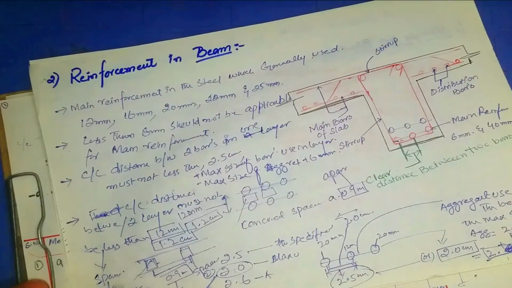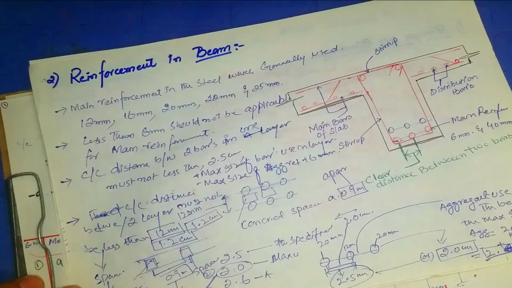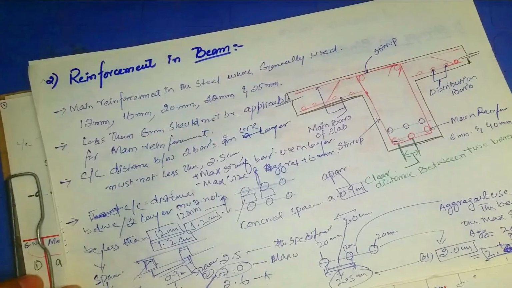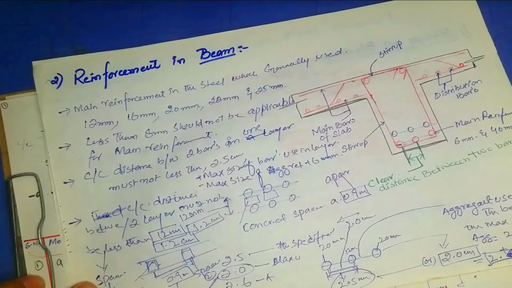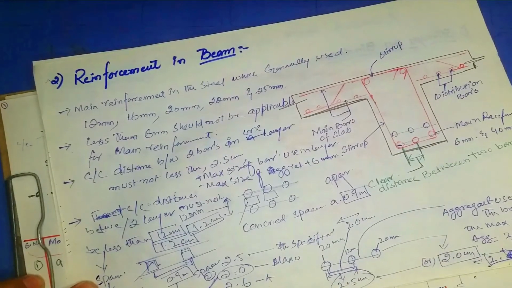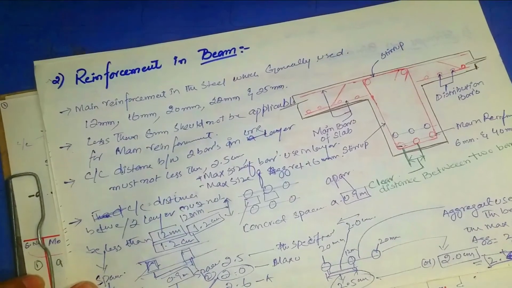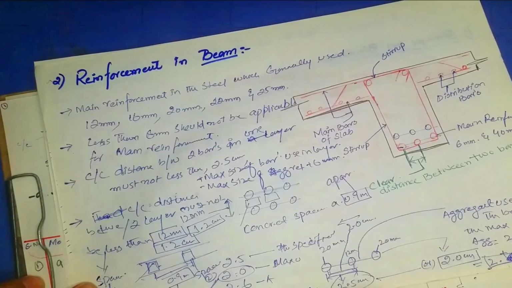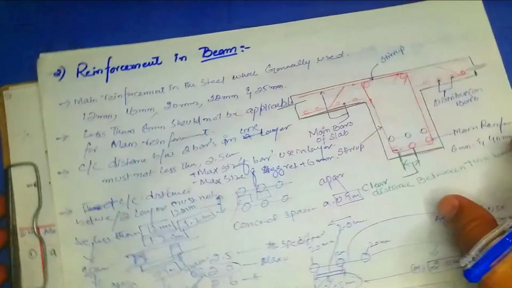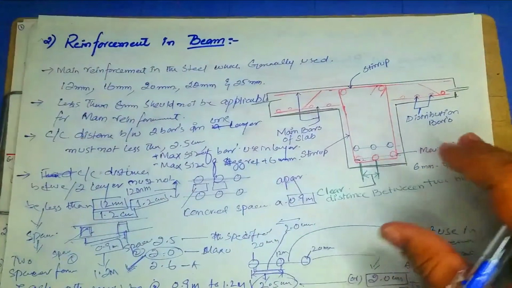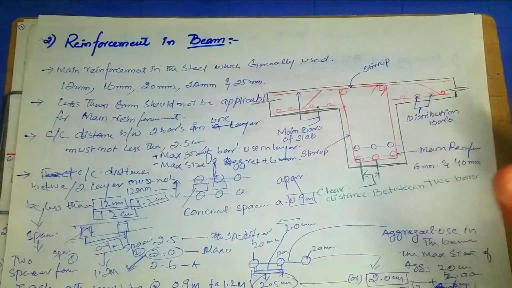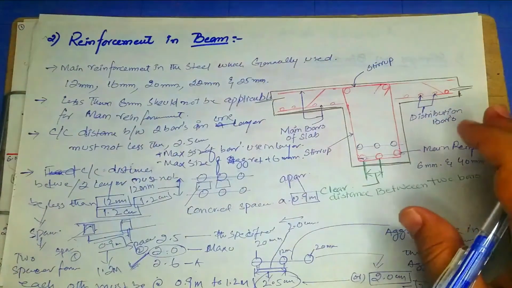Two spacers from each other must be at a rate of 0.9 meter to 1.2 meter. So these are the different points which must be kept in mind, especially in the construction of a beam.